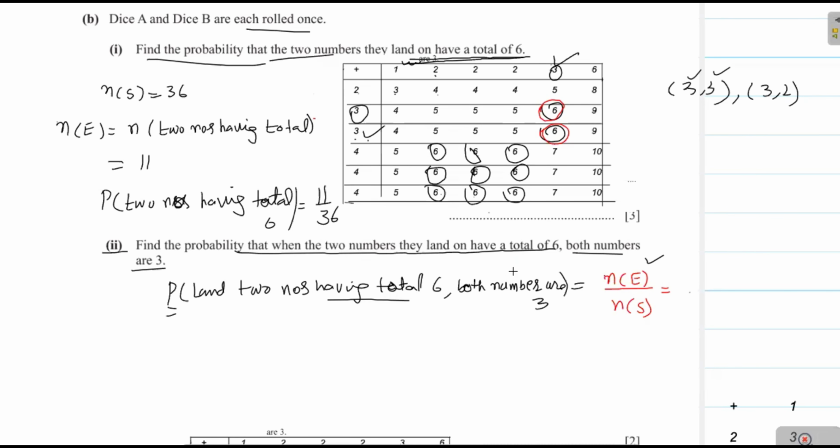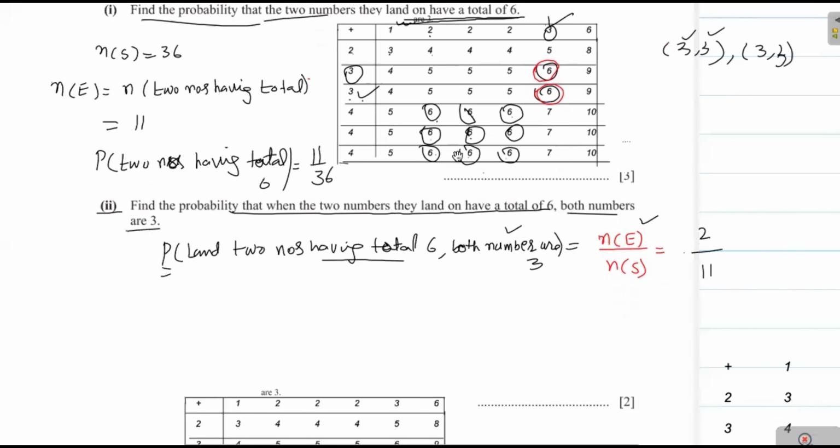Now the event here is both numbers are 3. Therefore 3, 3 and 3, 3 will be the two outcomes out of 11 outcomes. You see here the numbers which have a total 6, here are 11 outcomes. You see here 1, 2, 3, 4, 5, 6, 7, 8, 9, 10, 11. Therefore, 2 over 11 will be the answer.